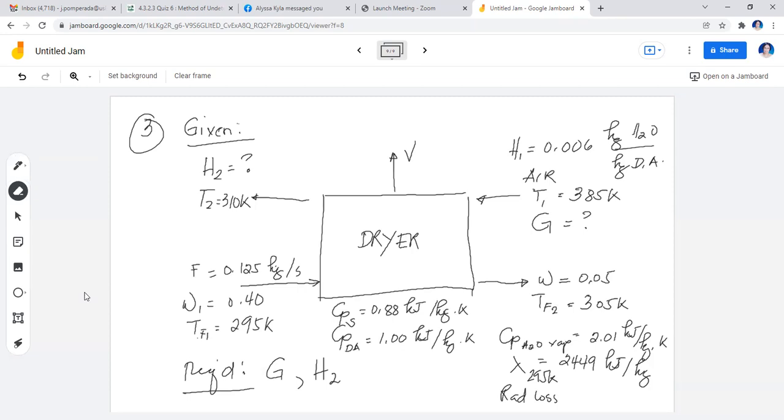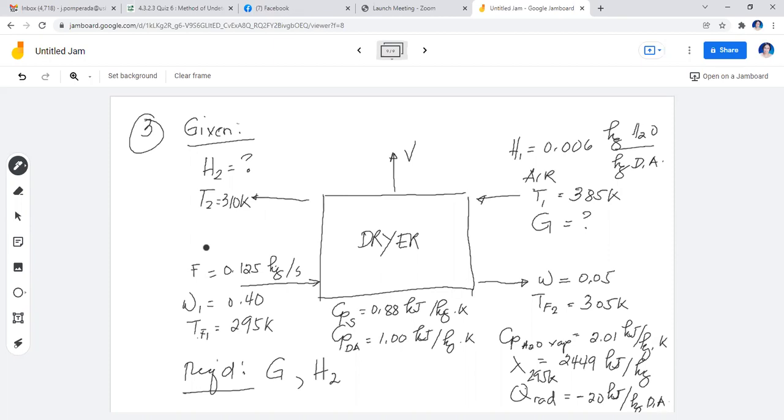Or since we'll be using Q here for heat, Q due to radiation, and it's a loss, so it's negative 20 kilojoule per kilogram dry air. So that's how important the mass of dry air is, because even the radiation loss is expressed based on this amount that your dryer used. Okay?